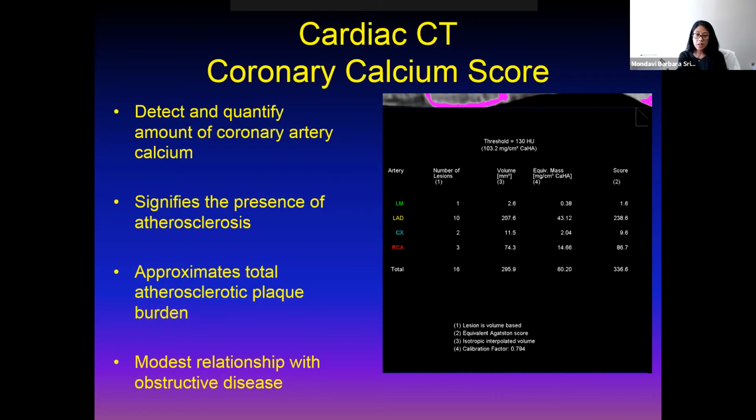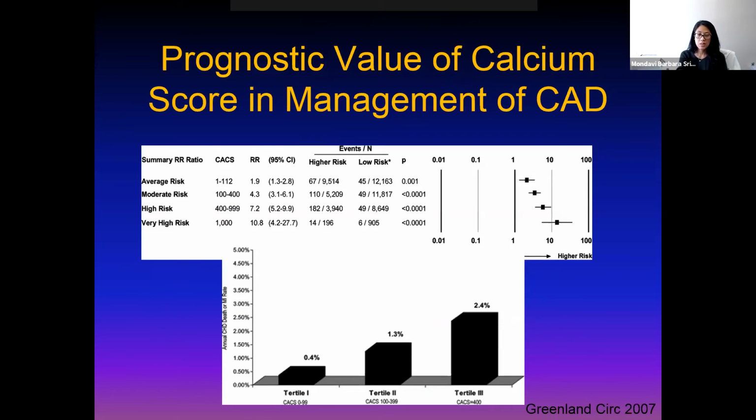Calcium in the arteries themselves signifies that there is underlying atherosclerosis there, and it approximates the total amount of atherosclerotic plaque burden. Not all plaques are calcified, but it only shows a modest relationship with obstructive disease. There's a wealth of literature on the prognostic information that is obtained with calcium scoring. In particular, the higher the calcium score, the worse the prognosis.